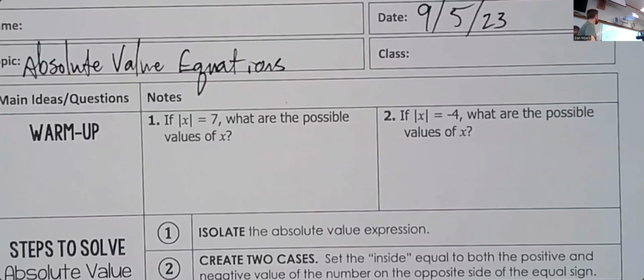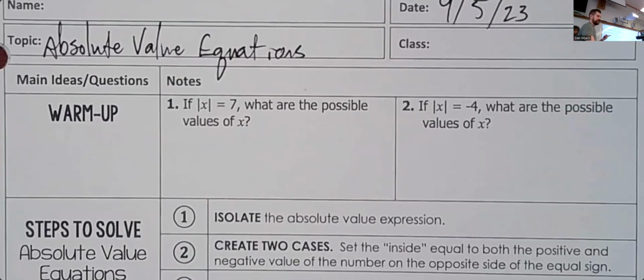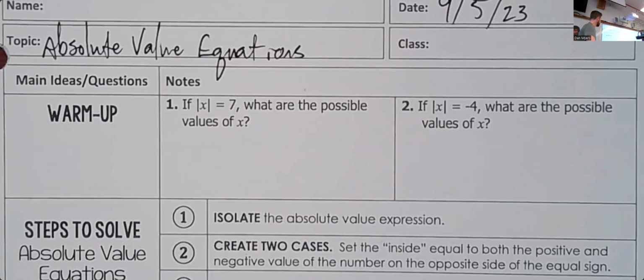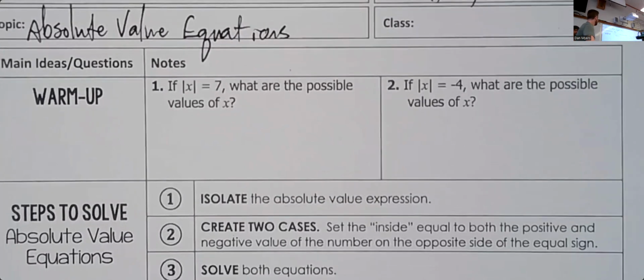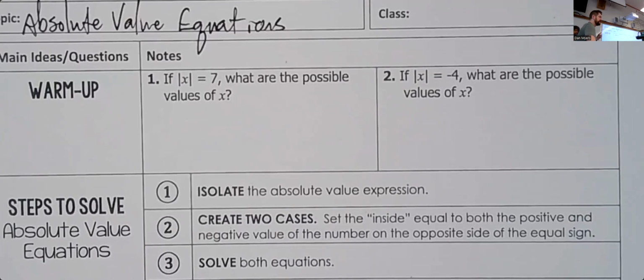All right, so we've already talked about absolute value back last week when we were dealing with order of operations. So when we're talking about absolute value equations, though, there are generally two acceptable answers, because if you're talking about distance from zero, because that's what absolute value means, how many numbers are 7 away from zero?